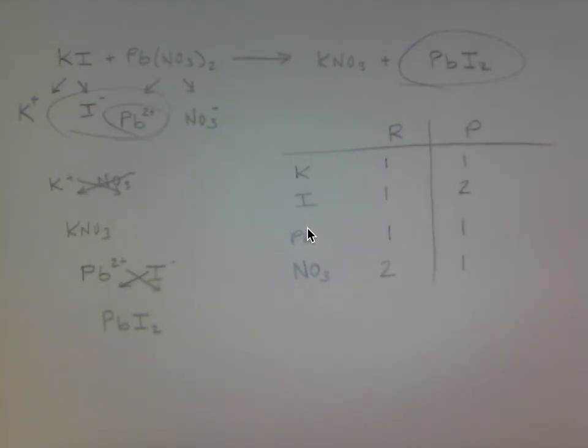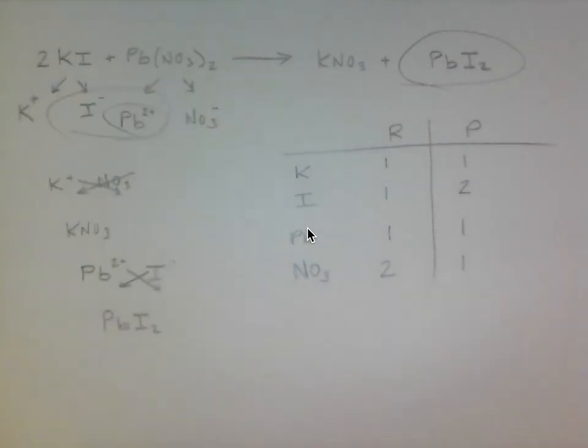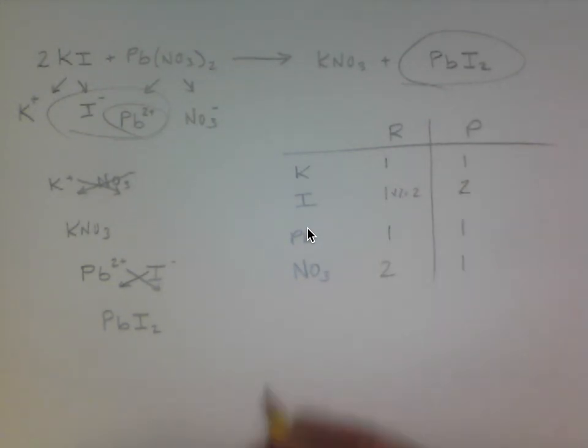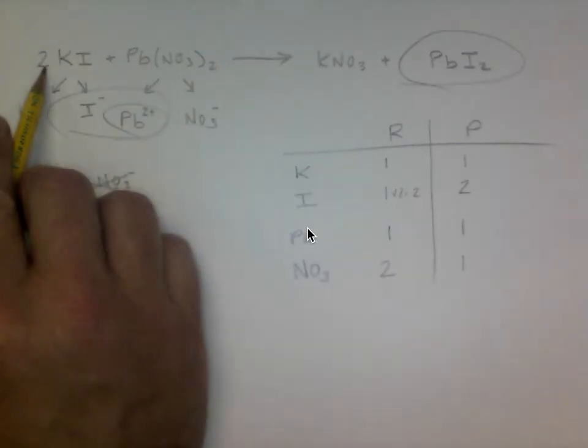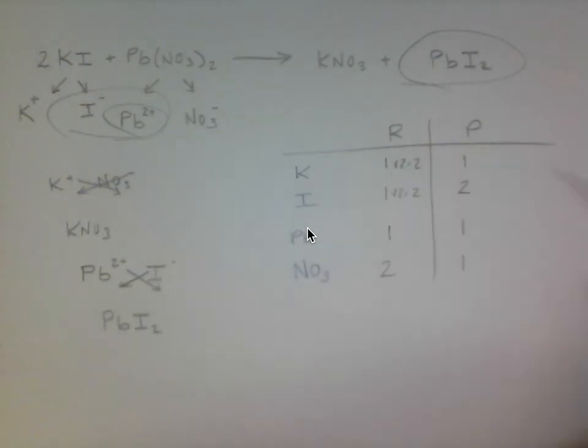Taking a look at this quickly, I see that I need to balance my iodides. I can do that by putting a 2 here. Now that I have a 2 there, I multiply my iodides by 2, which gives me 2. But I put that coefficient in front of the K as well, so I multiply that. So I have 2.